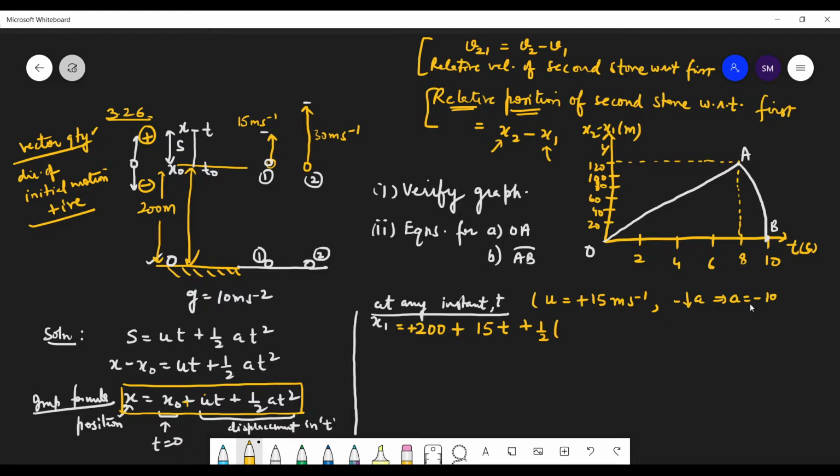So you can write a equals minus g, that is equal to minus 10 meter per second square. So this will be your a. So putting this value of a here, minus 10 into t square. So I have used this equation over here in context with x1.